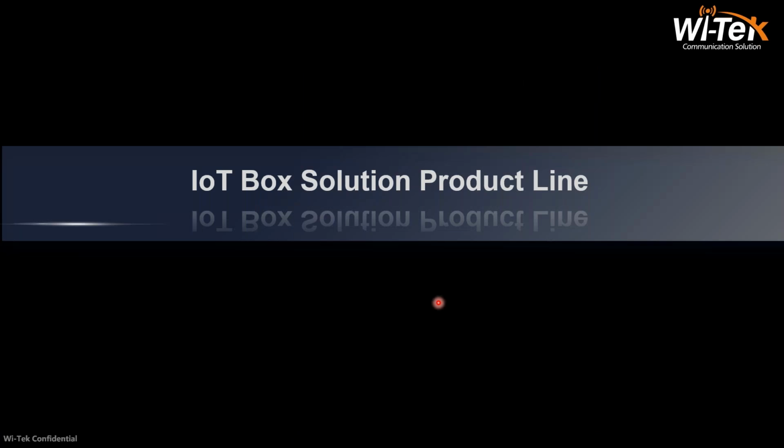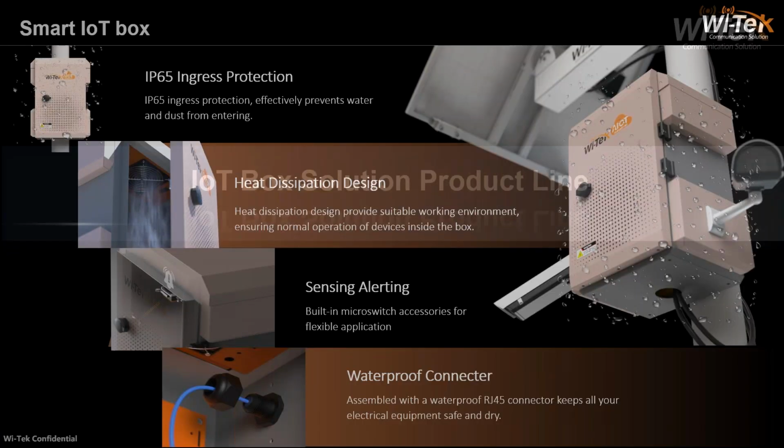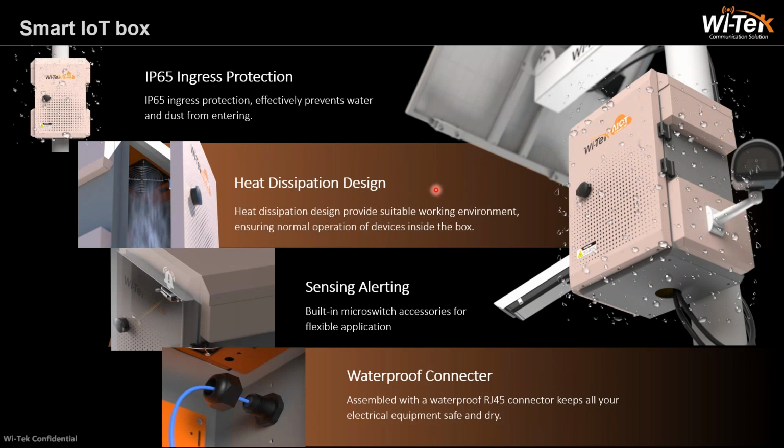Okay, let's move to our IoT box. Our IoT box has IP65 ingress protection and heat dissipation because it already has built-in fans. And this sensing alarming system, if collocated with some very unique switches, when the door is open, will trigger an alarm to our cloud platform or send a mail to our users.